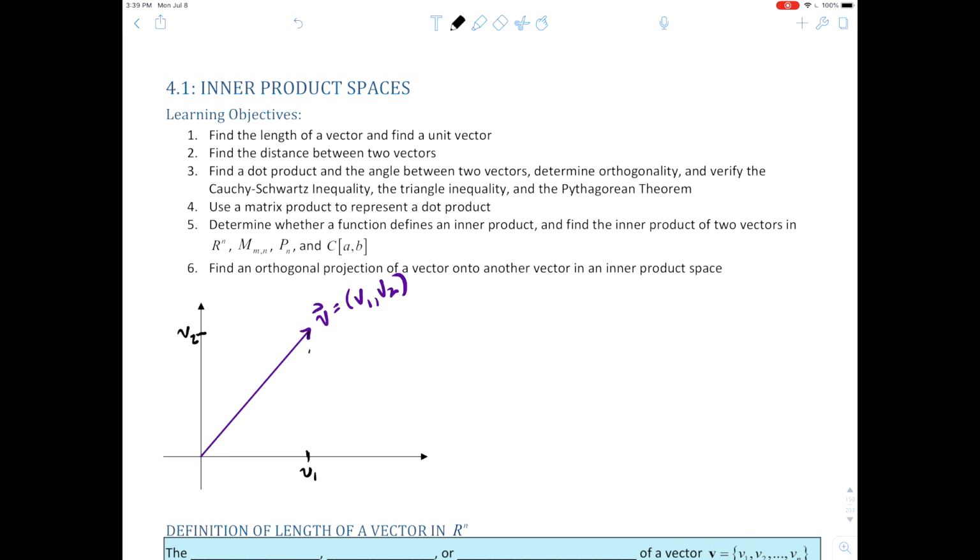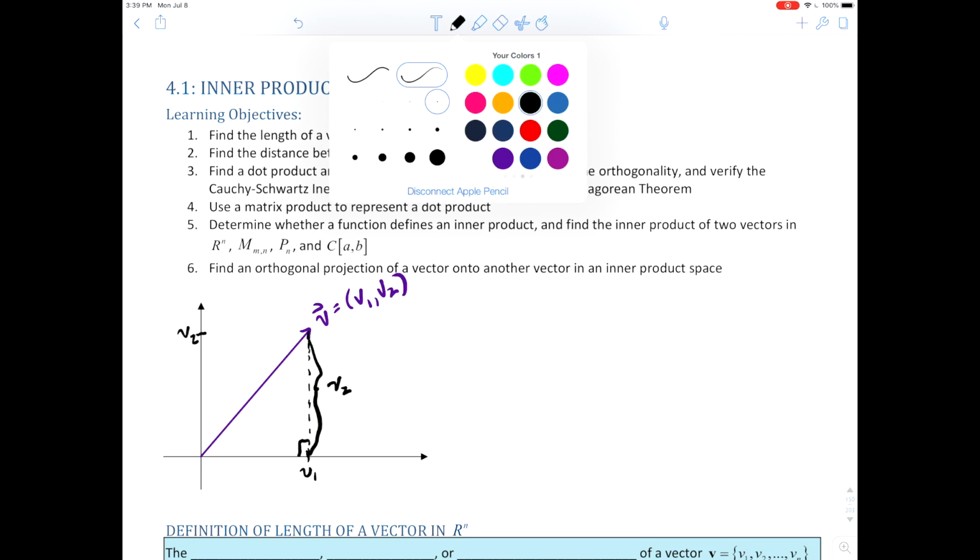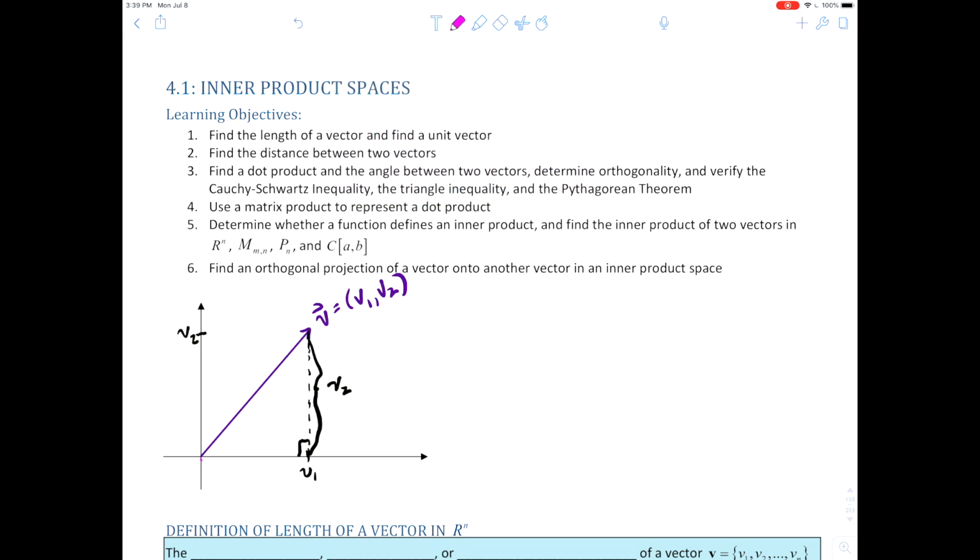So if we drop this altitude here, it'll make a right angle with the x-axis, and this length will be beautiful, V2 minus 0, which is V2. And then what about the other length that we have going on? So this length here would just be V1 minus 0, which is V1. Groovy?